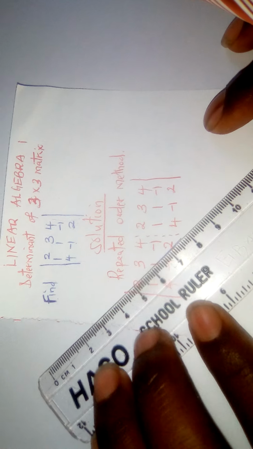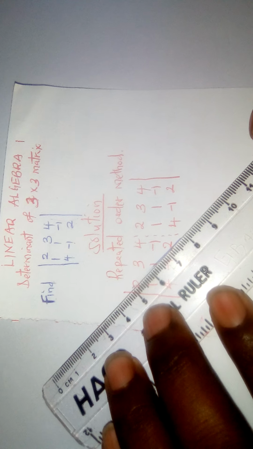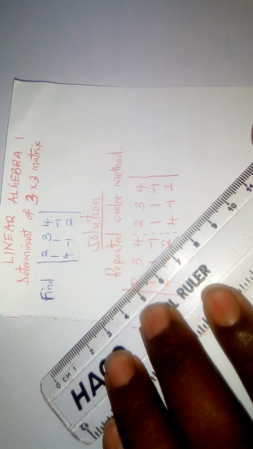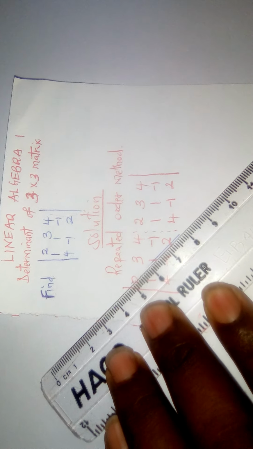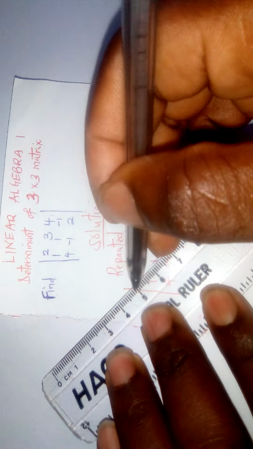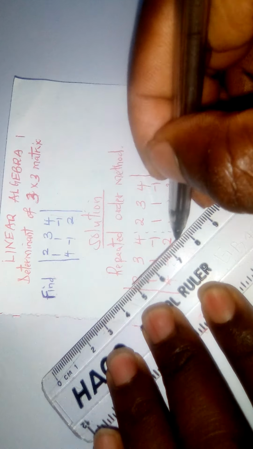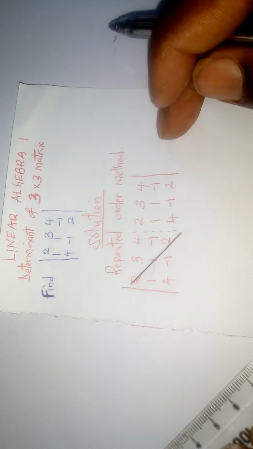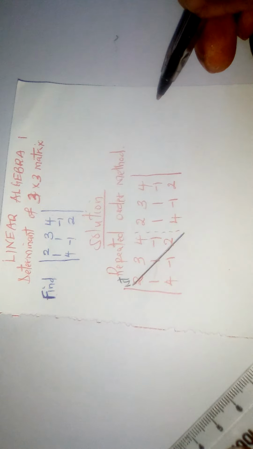My diagonal should look like that. Then you make it more visible because we want to ensure that you see it very well. Now as you can see, that's my first diagonal, so I'll write first diagonal there.